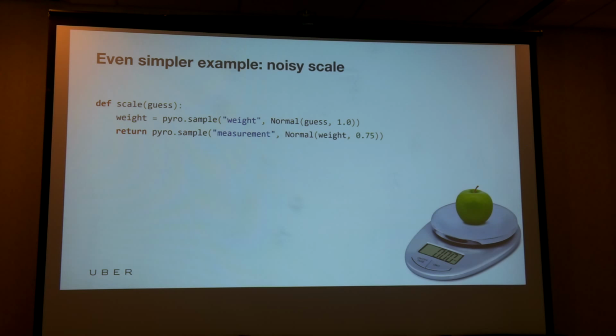And so you write a little Pyro program that describes your belief about how the numbers on the little screen on the scale pop up when you put the fruit on. And in this case, we're saying that we make a guess, and the true weight of the fruit is distributed somewhere in the neighborhood of that guess. And the scale then returns some noisy number which is centered at the true weight.